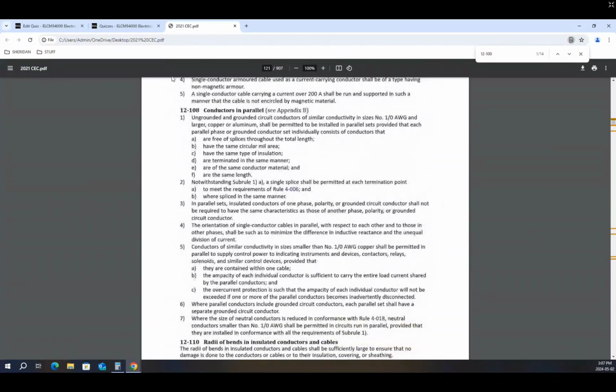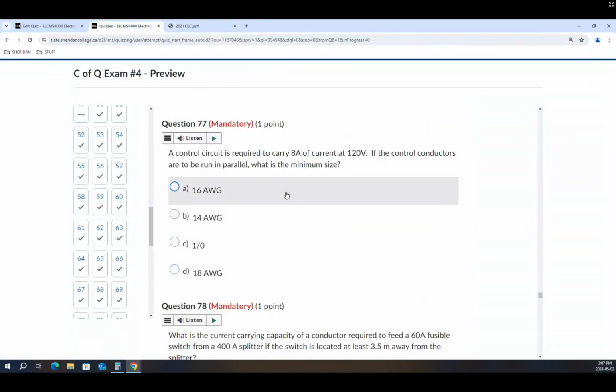See Appendix B. So for 8 amps, I'm not sure. I'm going to guess 16.